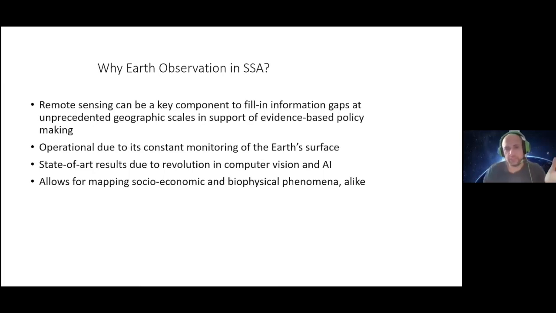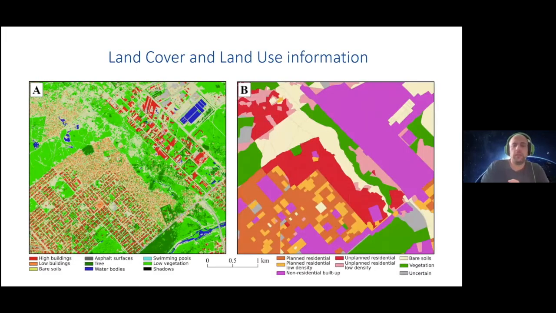By biophysical, I mean we can map the land cover, and by socioeconomic, I mean we can actually try to measure the wealth of people from space, to a degree, of course. For me, the fundamental tenets of performing any sort of analysis in the global south is to acquire land cover and land use. These are the two pillars through which we can traverse to more complicated phenomena like epidemiological, poverty related or hazard related ones.